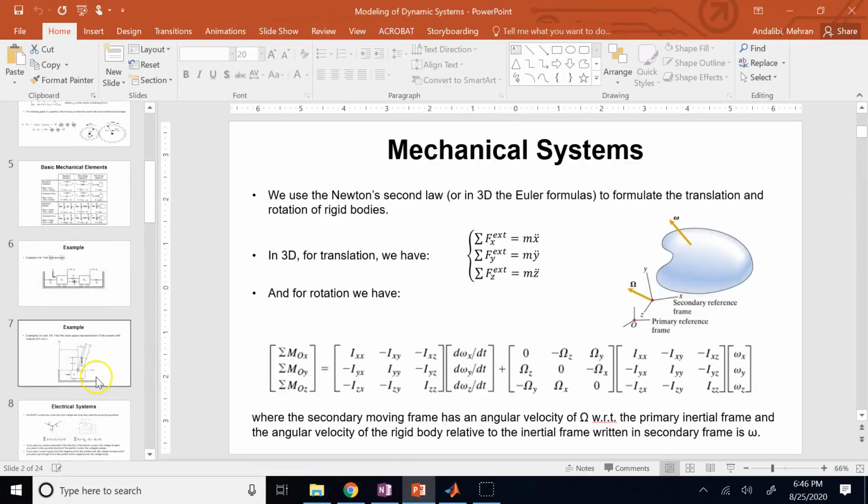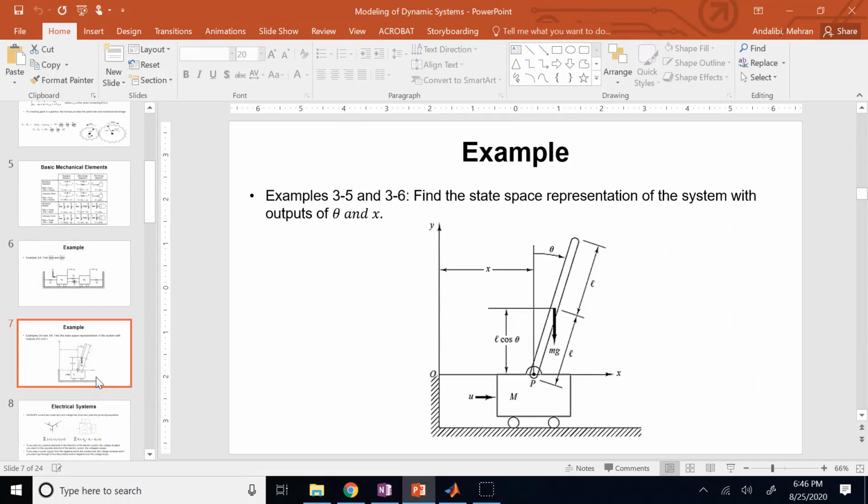Example number 2, which is a little bit more complicated, is this system, inverted pendulum on the cart. This also has 2 degrees of freedom, but this time one of them is translation x, the other one is rotation theta.